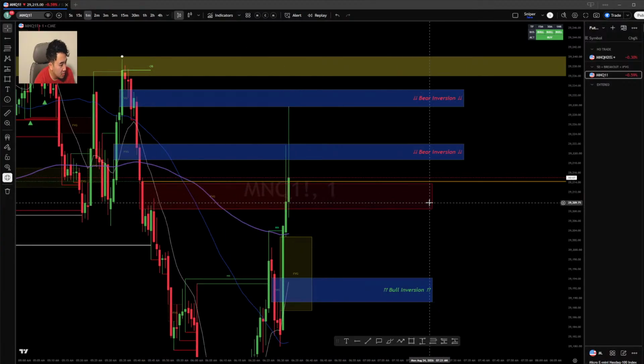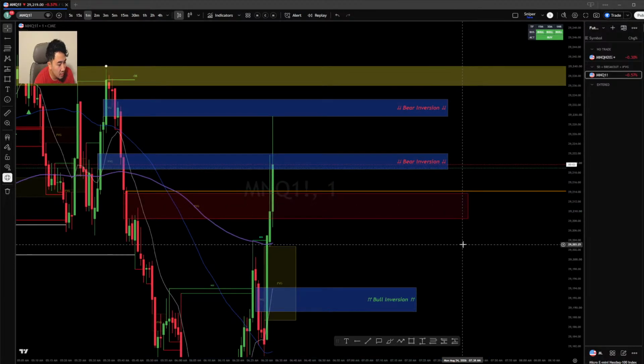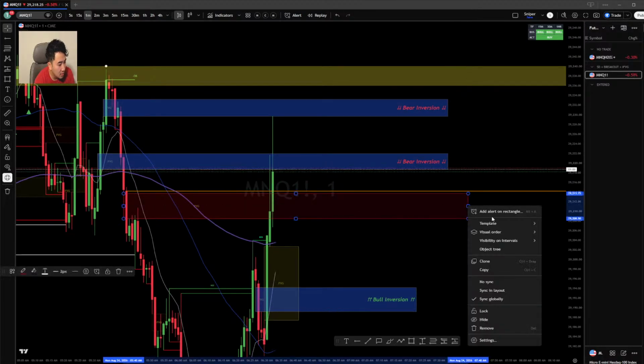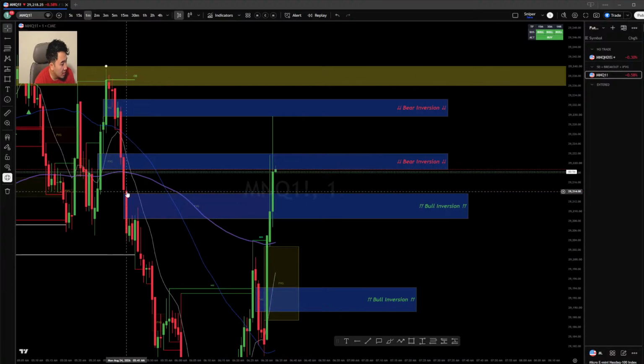Let's see if price closes over this bearish gap here and then inverts it. Yeah, this becomes a bullish inversion now. Also close over this candle body high.